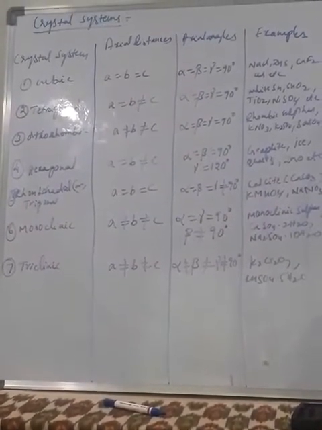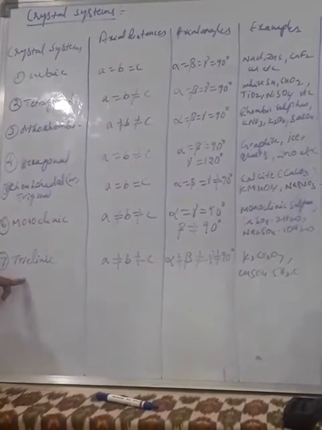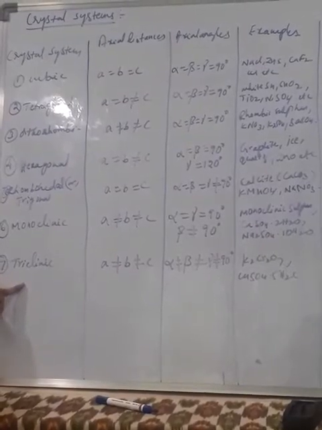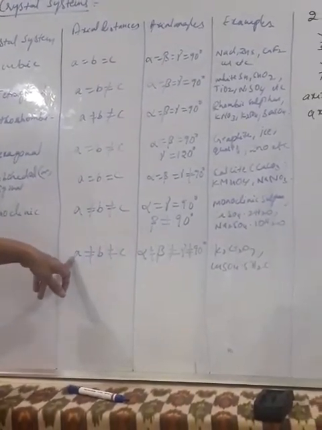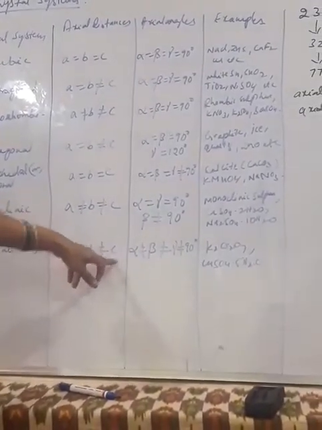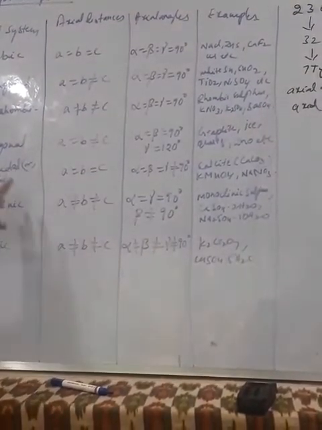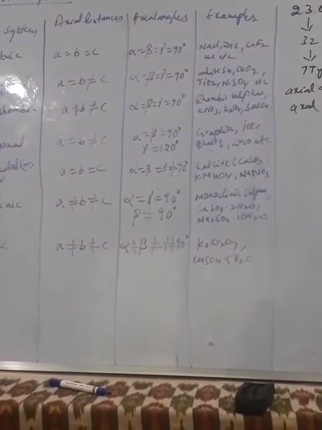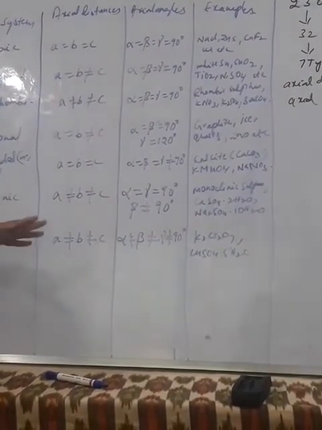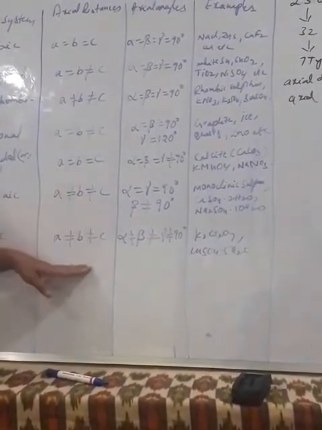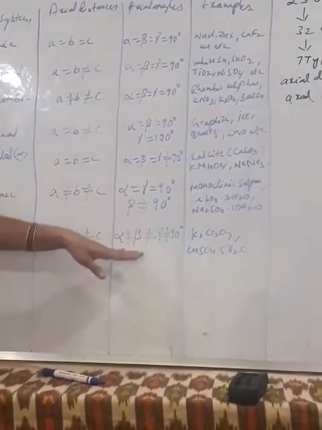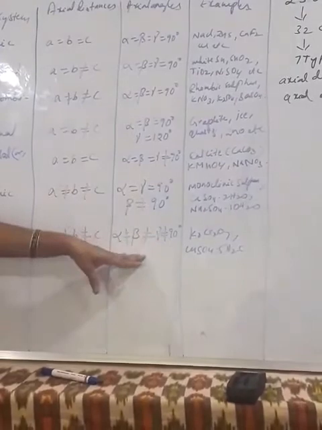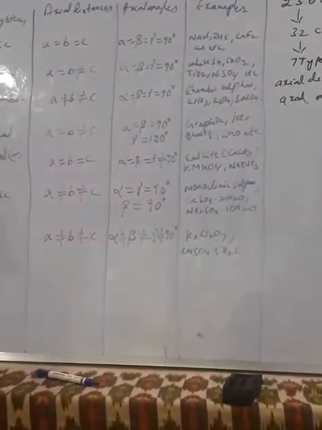Next, triclinic. In the triclinic system, a is not equal to b, b is not equal to c, so all the distances are unequal. Whereas alpha is not equal to beta, beta is not equal to gamma, which is not equal to 90 degrees.